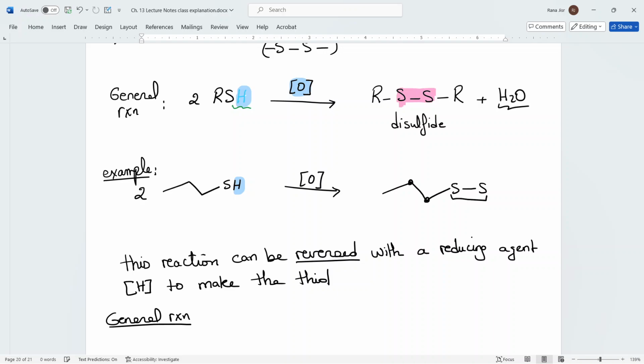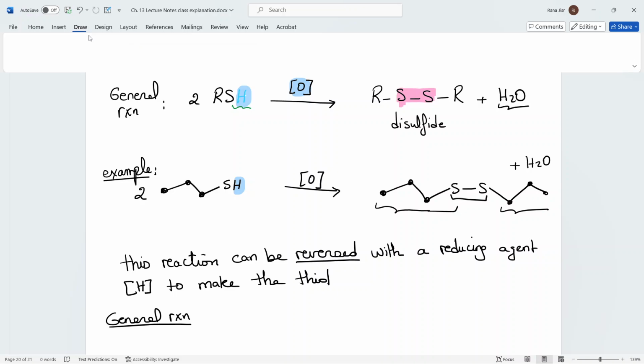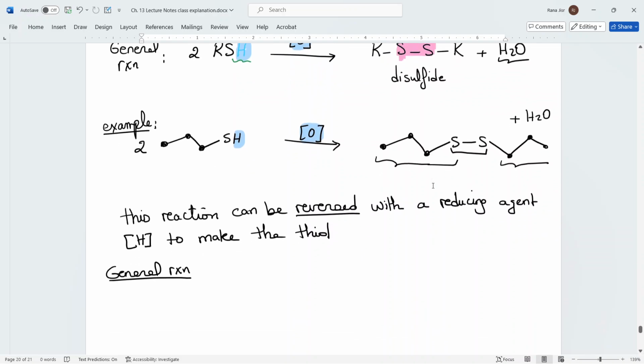Keep track of the number of carbons, because we are not adding carbons. So you're going to have 3 carbons on this side together with the sulfur, and 3 carbons on the other together with the sulfur, and that is going to be your product, plus of course your byproduct, which is water. As I said, the water is normally formed from the oxidizing agent when it reacts with the hydrogen, because the oxidizing agent is going to take the hydrogen and create the water as a byproduct.